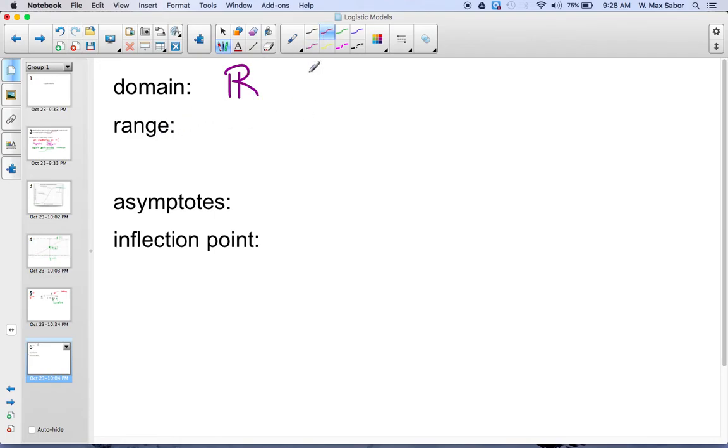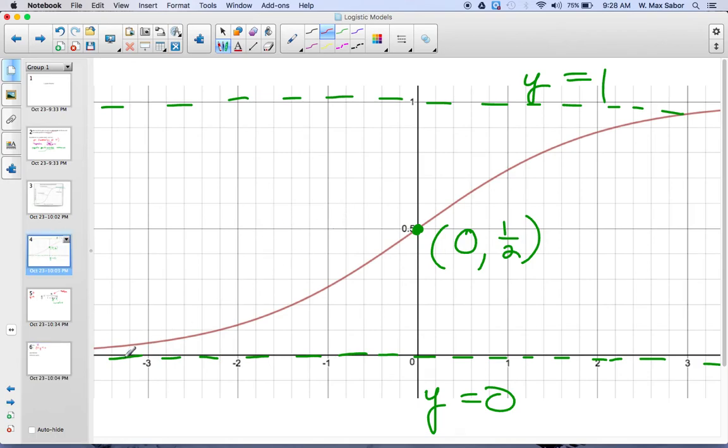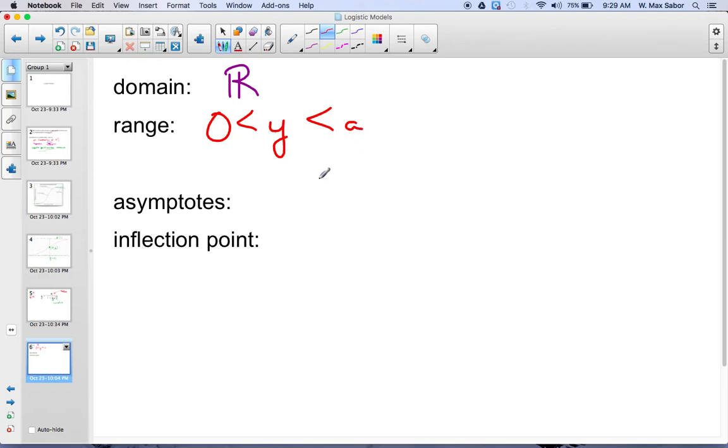The range is going to be from one of your asymptotes, so that's going to be from 0 up to A. Now, unlike in Gaussians, here the maximum value is not actually hit because it's an asymptote. So that's why this one is y is less than a, whereas the other one was less than or equal to a. Your asymptotes are at y equals 0 and y equals a, and then your inflection point.